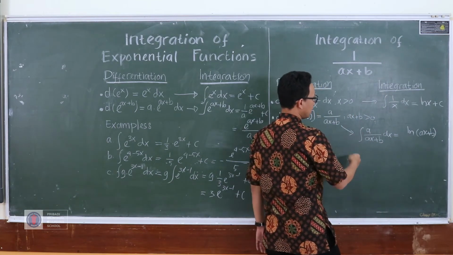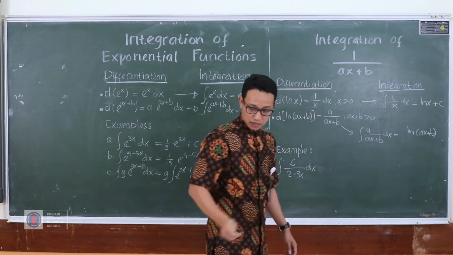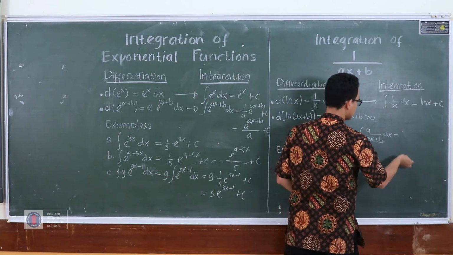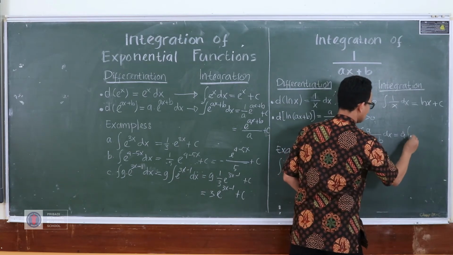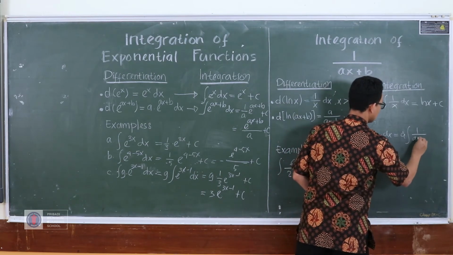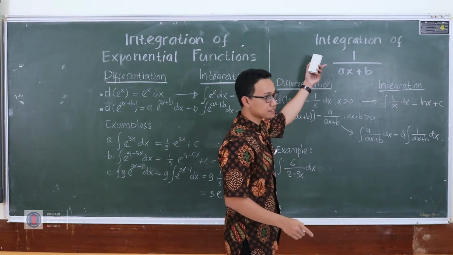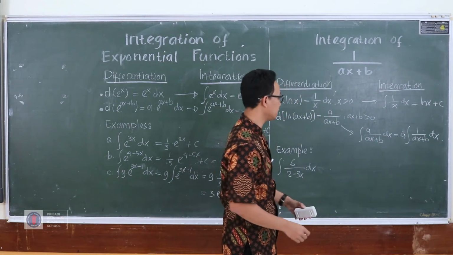How about a here? We missed one step actually, sorry. So we just write down a over 1 over ax plus b, because we need to find the integration of 1 over ax plus b.